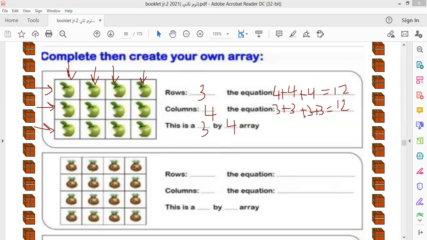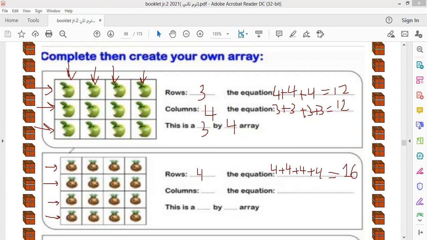Okay. What is the number of rows here? 1, 2, 3, 4. And the equation, each row have 4, so we write 4 plus 4 plus 4 plus 4 equal 16.